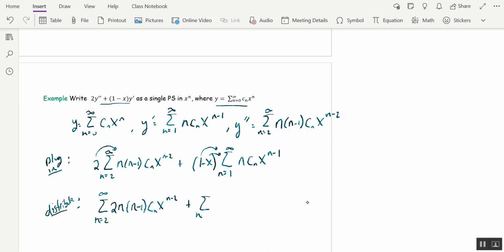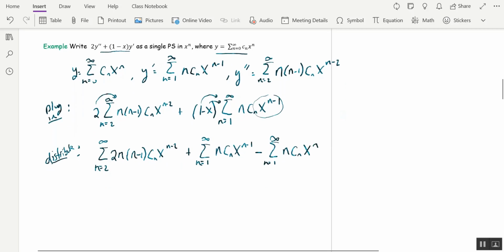I'll get the sum, n equals 1 to infinity of n c_n x to the n minus 1. And then distribute the negative x. So minus the sum, n equals 1 to infinity of n c_n, and if I multiply x to the n minus 1 times x, I get x to the n.